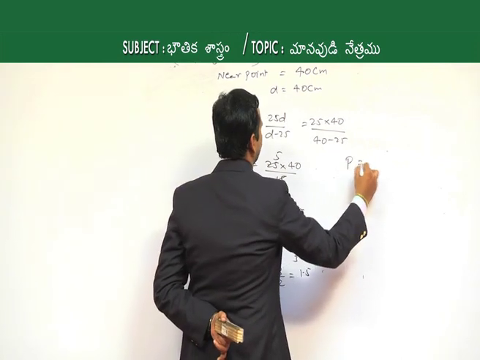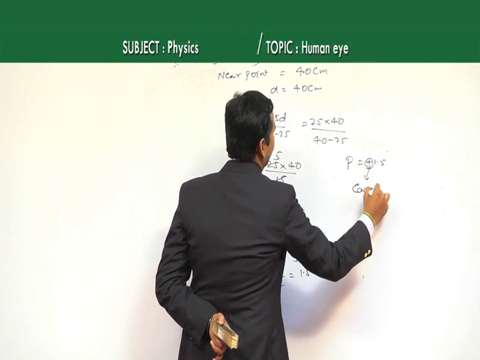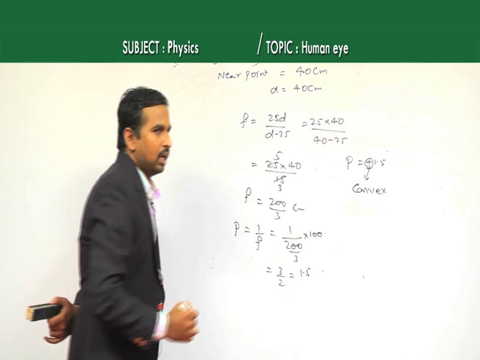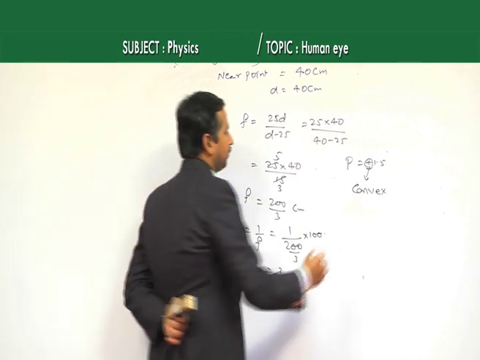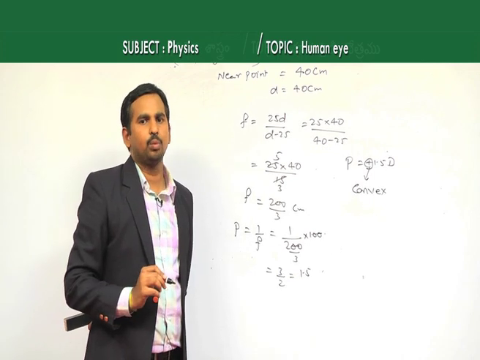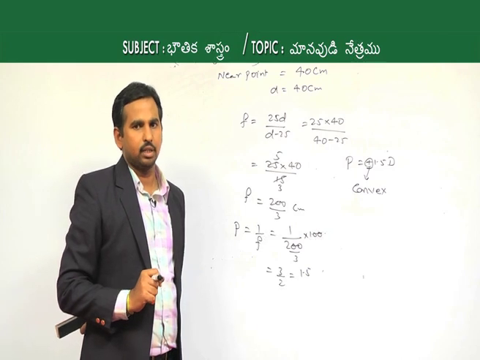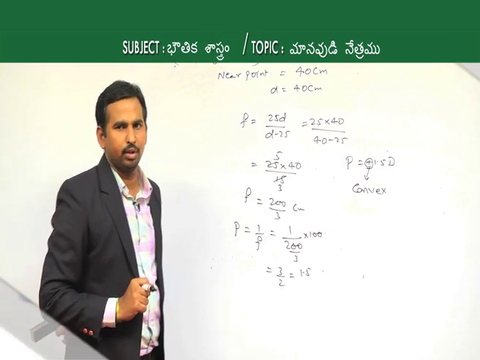As the power is plus 1.5, this represents that we are using a convex lens, and the power suggested for that is 1.5 D. Like that we can solve the numericals in case of myopia and hypermetropia.